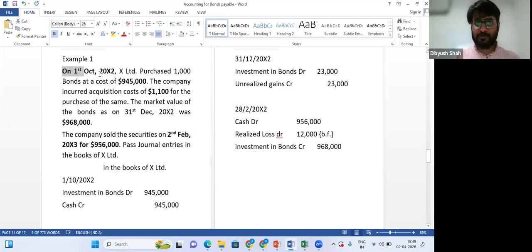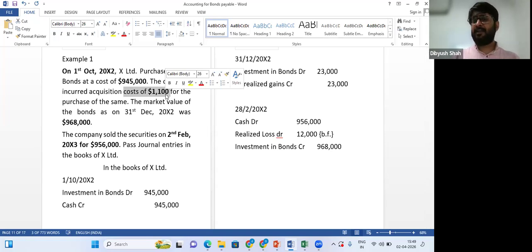On 1st of October 2002, so first transaction date, X Limited purchased 1000 bonds and the total cost incurred was $945,000. The company also incurred acquisition cost, transaction cost, of $1,100 for the purchase.